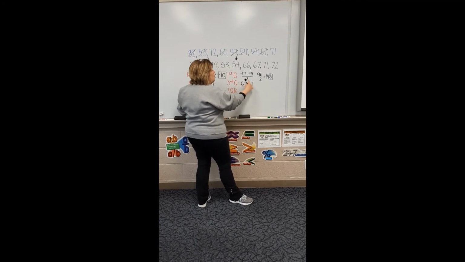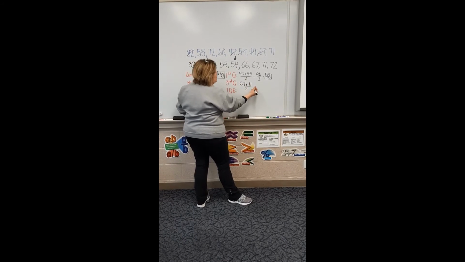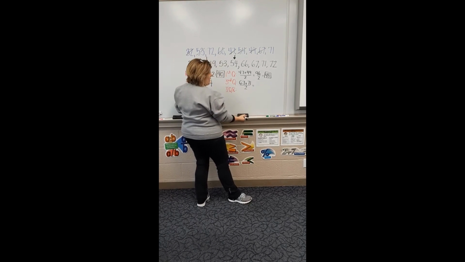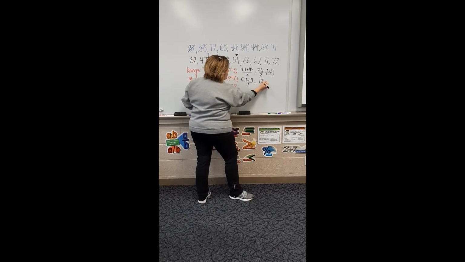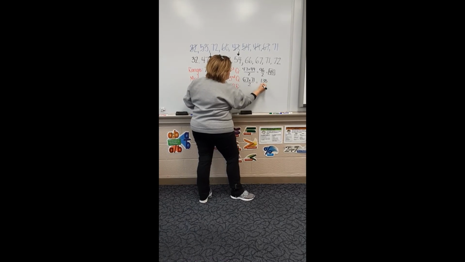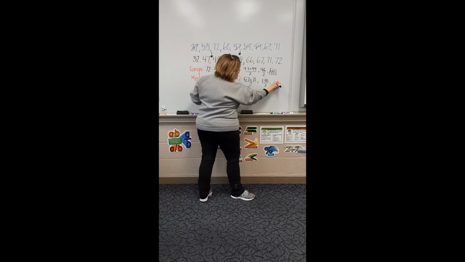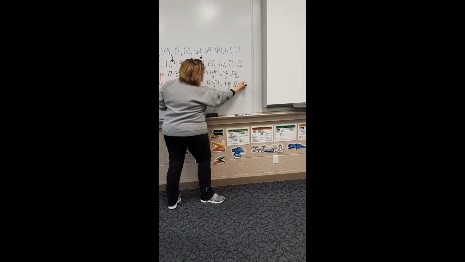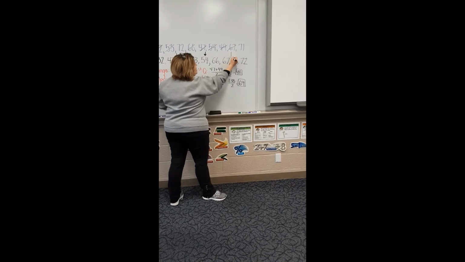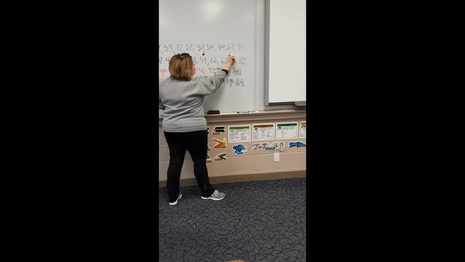I'm finding the mean of these two numbers. When I add them together, I get 138, divided by 2, and that's 69. All right, so 69 is my third quartile.